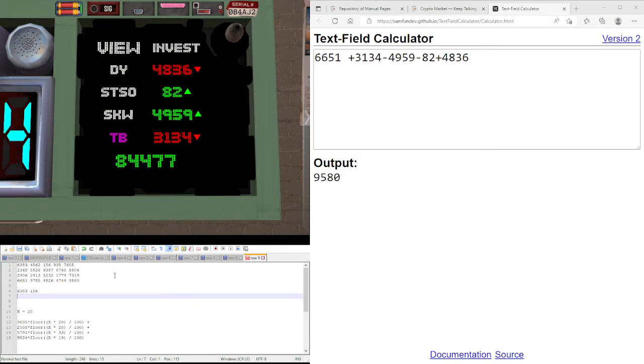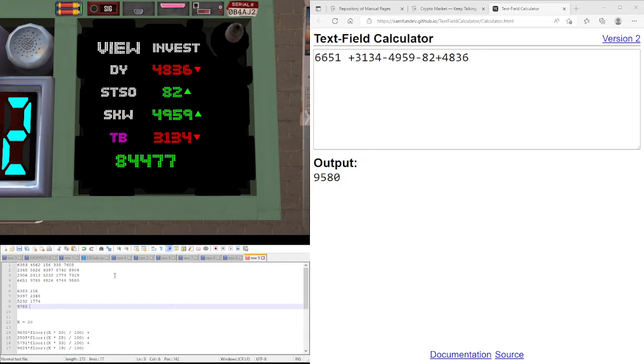The highest is 9397, and the lowest it went was 2348. The highest for this one, not including the last one, remember, is 5232, and then the lowest was 1174. Then the highest of this last one was 9785, and the lowest it went was 4744.